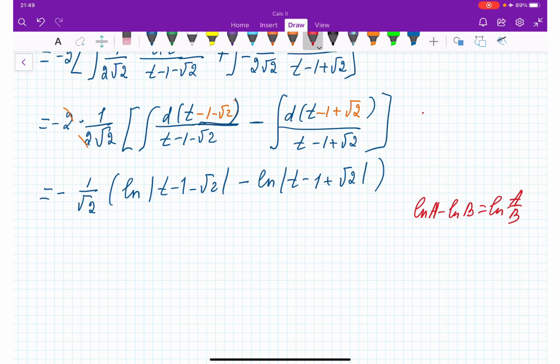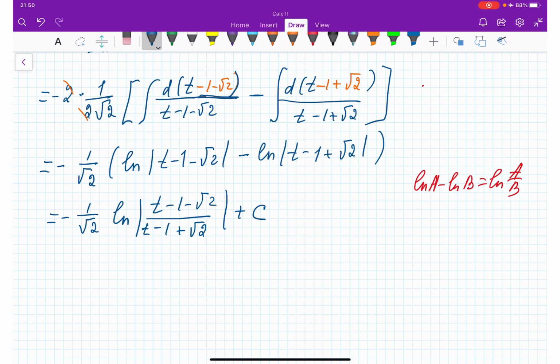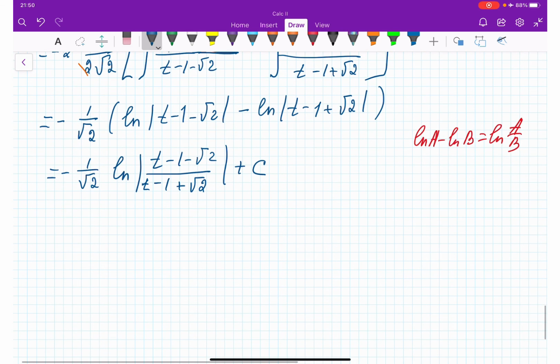Okay, so from here I'm writing down negative 1 over square root of 2, and we are getting natural log absolute value t minus 1 minus square root of 2 divided by t minus 1 plus square root of 2, and plus c. I'm bringing back now substitution of t, right?